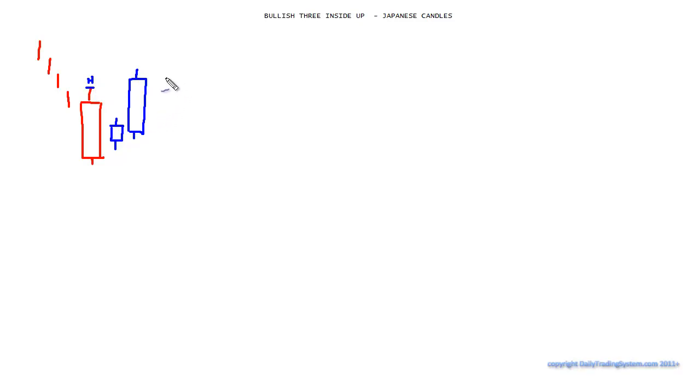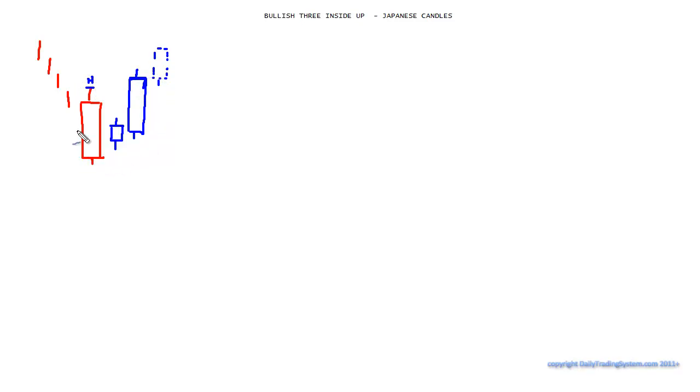The next thing you need to look for, and this is important, is that there is a confirmation candle. For the confirmation candle, we're not worried about this high over here. We're only worried about this high when it comes to the third candle setup.